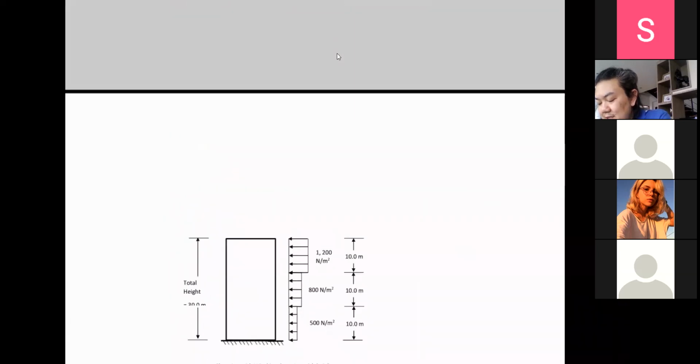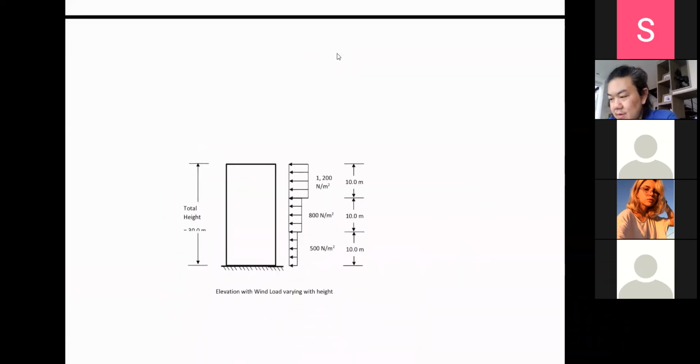And now this is what the wind load looks like. Sometimes when you change the Word file into a PDF file, this happens, something just got lost. So the total height is 30 meters. And this is what the wind load in the old days looked like.